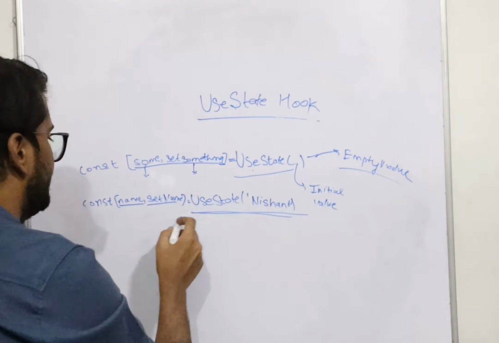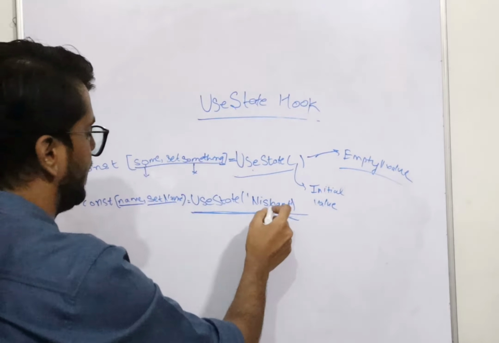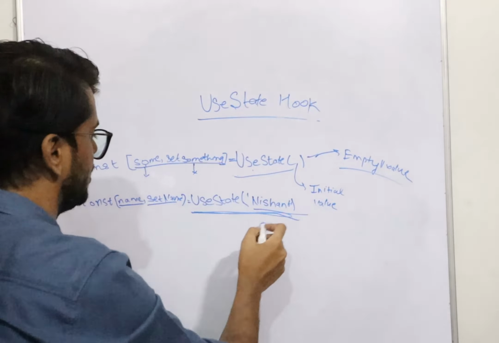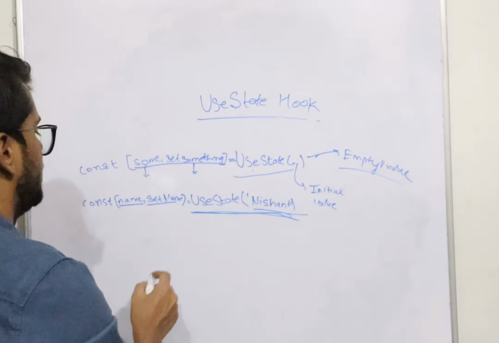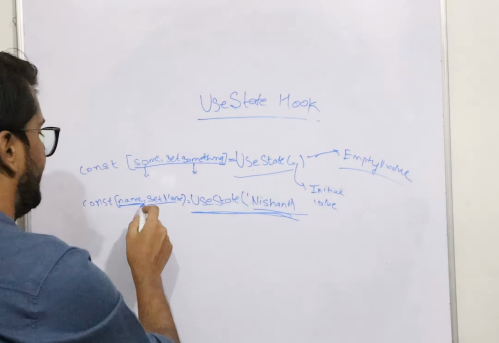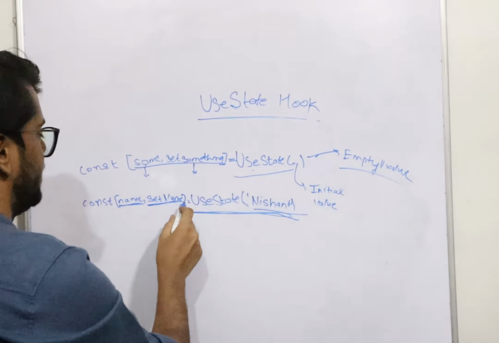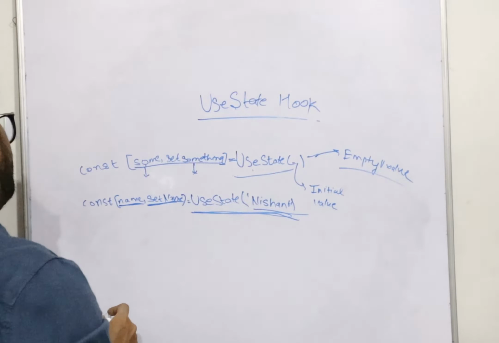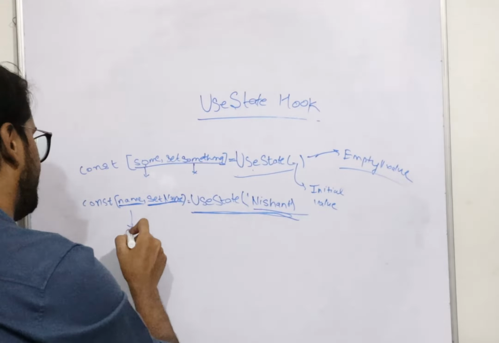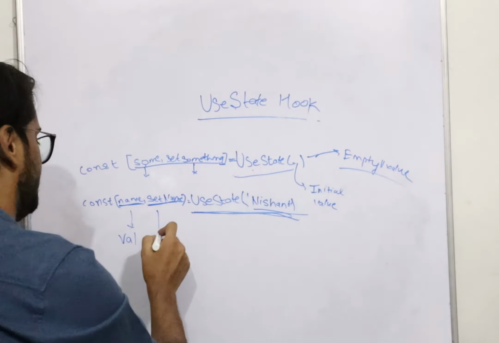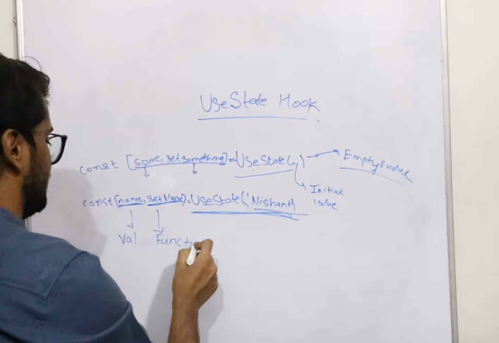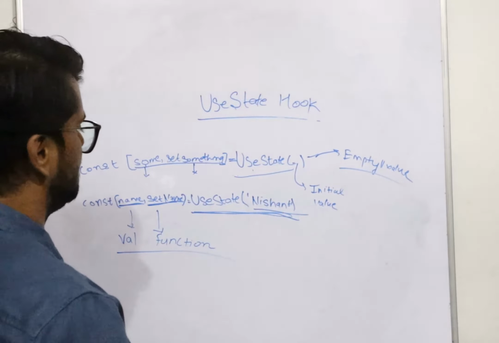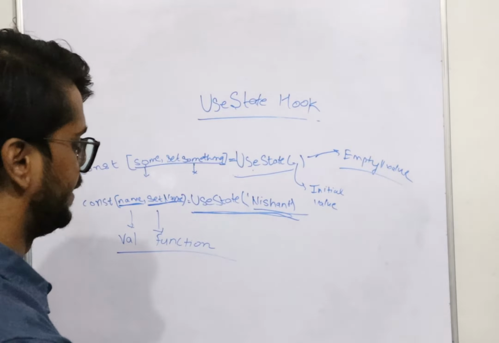Similarly, in this useState we are passing the initial value Nishant, which can be empty as seen in the first case, and this returns us a name and a function to set the name called the setName function. This is the value and this is the function. So this was how to create a state in React.